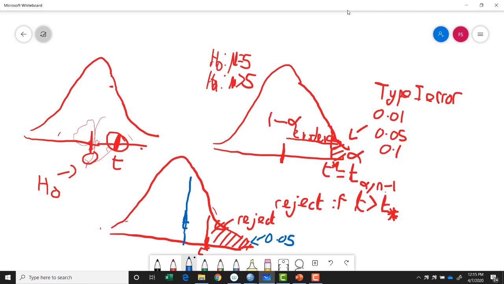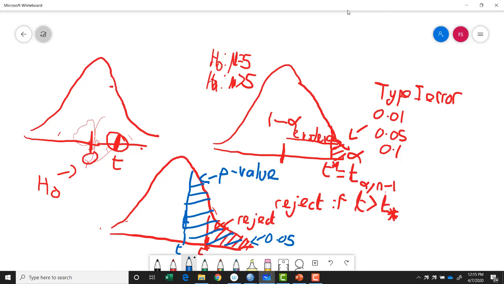Another way of rejecting is we say, look at all this area to the right of my actual t value. This is called the p-value. So this is the probability more extreme than my actual t-value. And we can also say exactly the same.